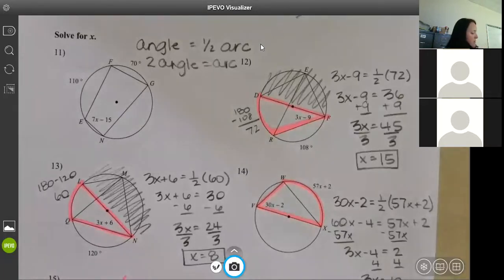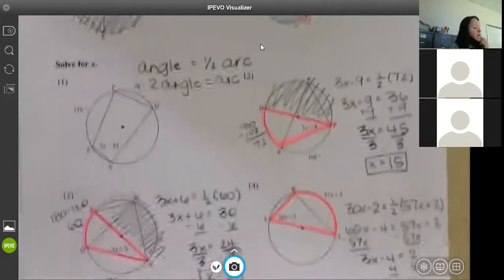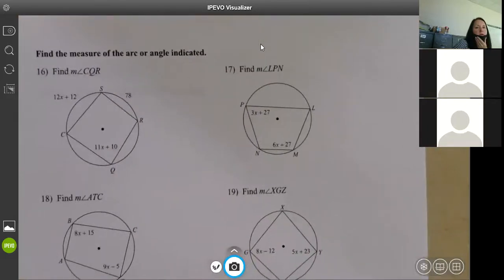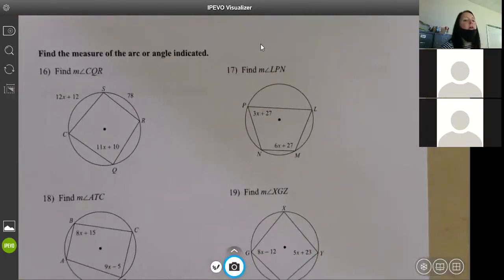Let's hold this one and see if there's another example on here. I think this is going to do with the measure of the arc of the angle indicated. Okay. I'll show you in just a second.